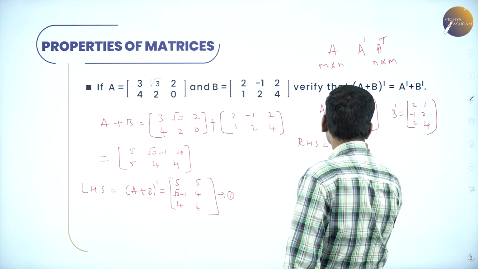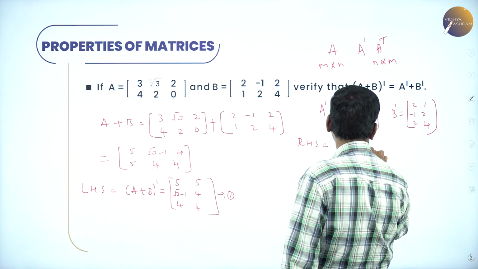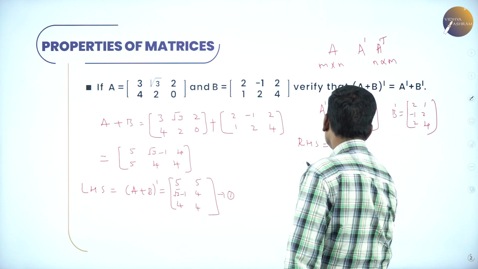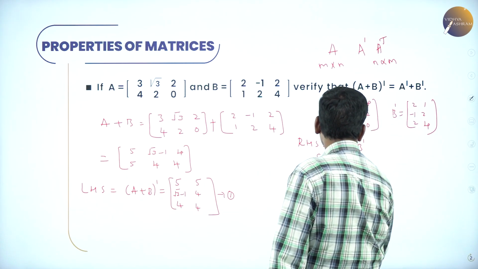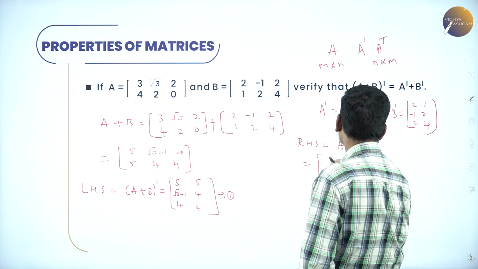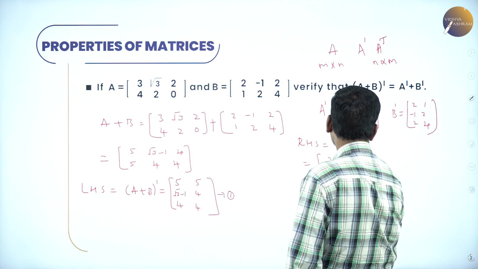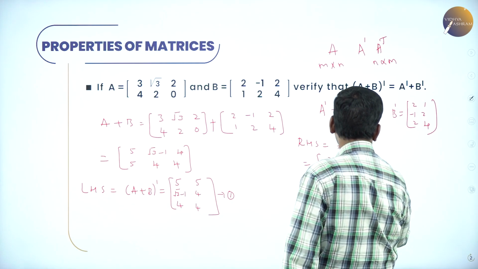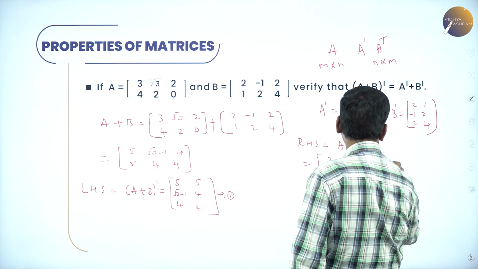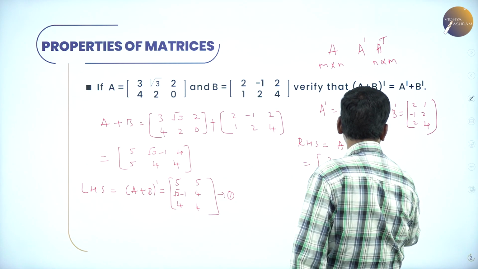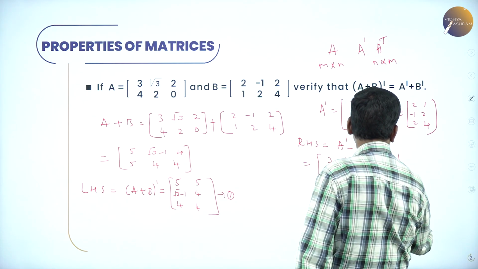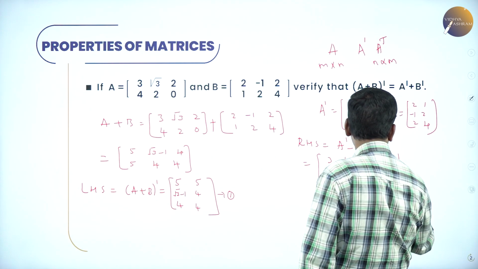RHS is equal to A dash plus B dash. So this is equal to A dash. Substitute the value of A dash. A dash is equal to [3, 4; root 3, 2; 2, 0] plus [2, 1; minus 1, 2; 2, 4].